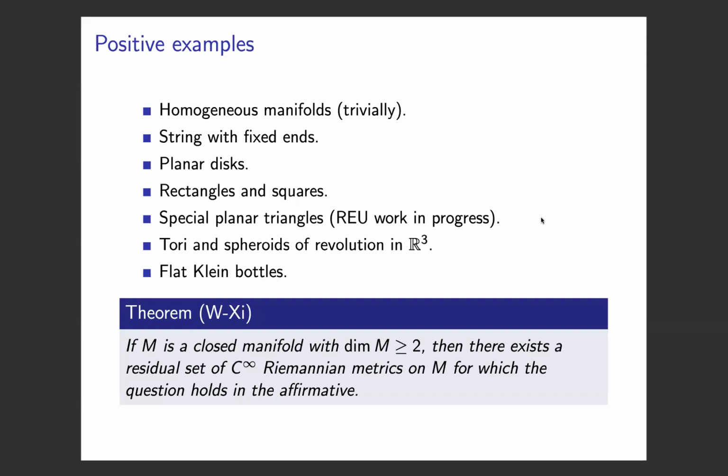So if you have a closed manifold of dimension at least 2, then there exists a residual set of C-infinity Riemannian metrics for which this question holds in the affirmative. Of course, generically, the isometry group is trivial. So really what we show is that the local counting function distinguishes points generically.